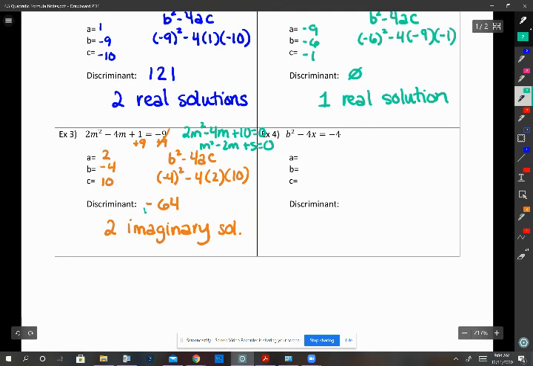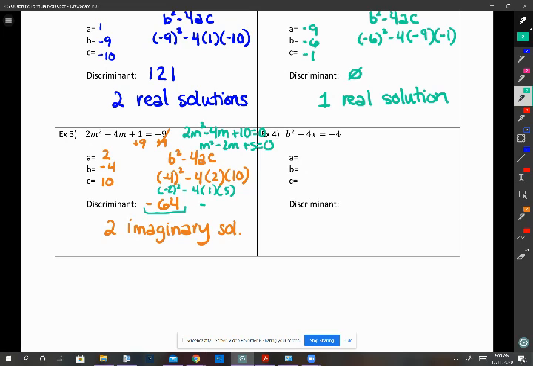So instead of negative 4, you would have negative 2, and then negative 4 times a times c. Your number is going to change, but it's still going to give you a negative number. Just be careful there. I don't know if they're going to have you divide by 2 for sure, or if they're just going to have you do it with the numbers that are there.